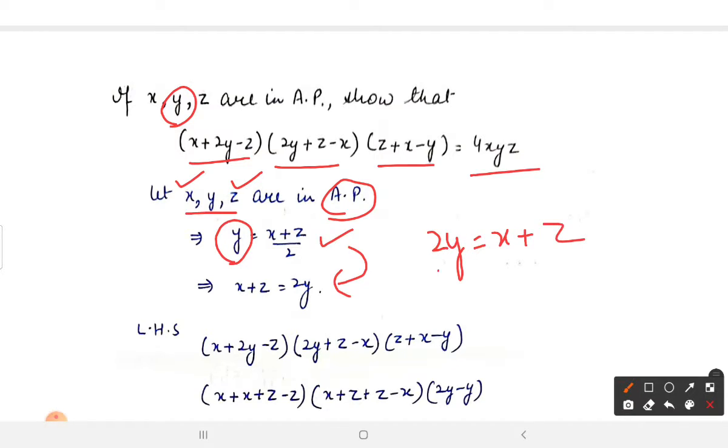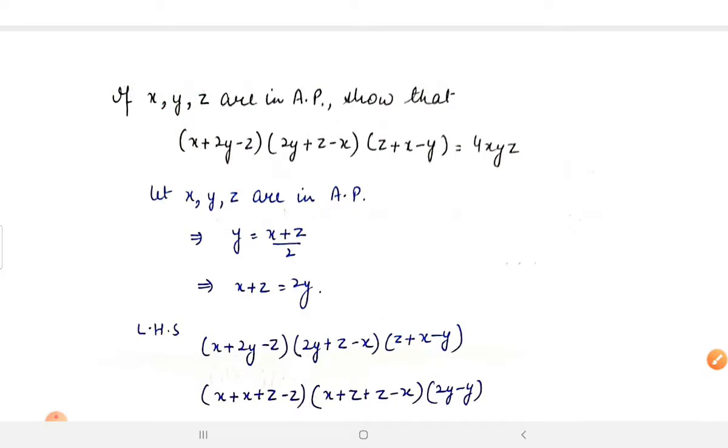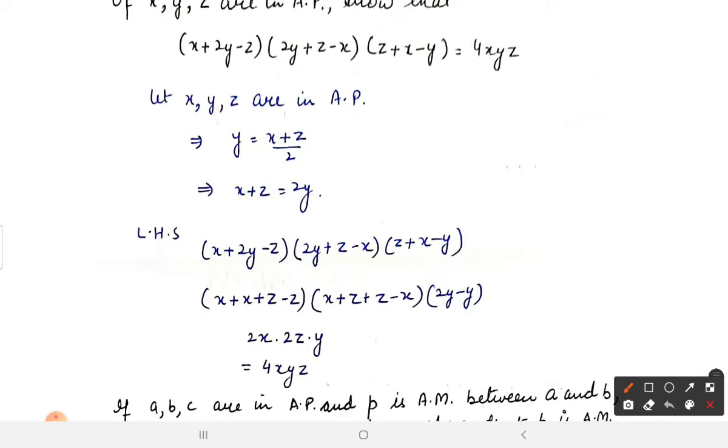Let us now take the left hand side of this expression. We have (x + 2y - z)(2y + z - x)(z + x - y). Let us put 2y in place of x + z. So 2y = x + z, and x + z = 2y. Then z cancels with z, it is 2x; x cancels with x, it is 2z; and 2y - y is y.